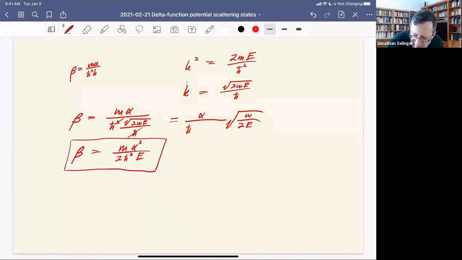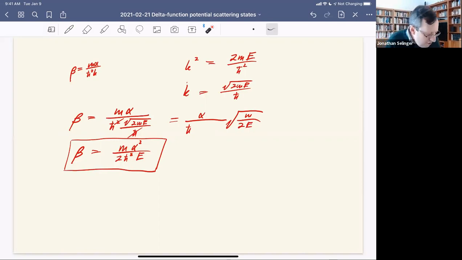The particle coming out of our source has some energy, and that's in the denominator, compared with the alpha, the energy associated with the delta function potential.